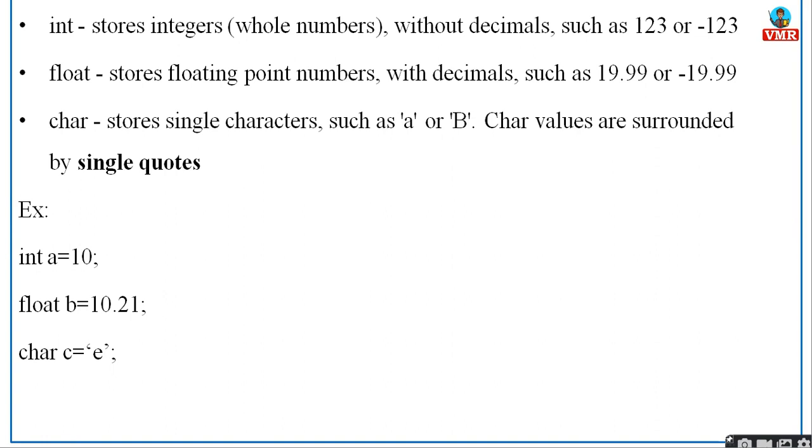For integer, the int keyword you will use, for character char you will use, and for floating point numbers you will use float as a keyword, right? Here, what is a keyword? Again, you may get a doubt. Keywords are nothing but your reserved words, right? When the C developers developed this language, they had considered a few words.